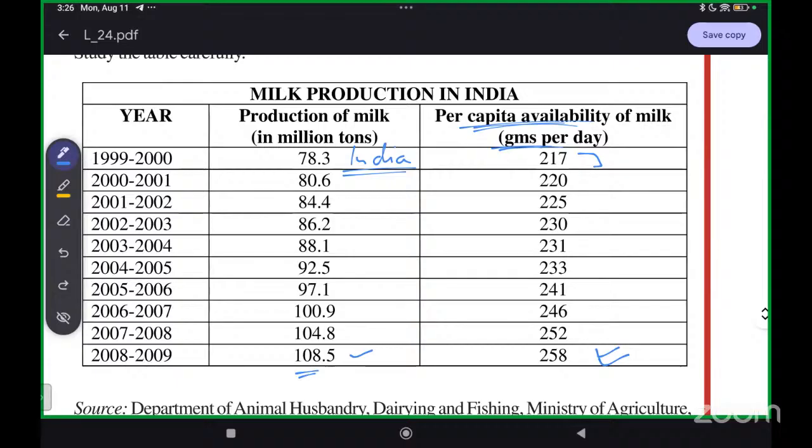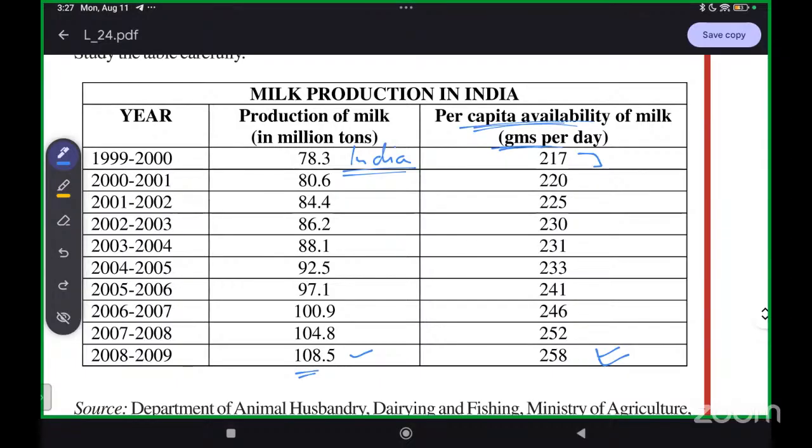You can check whether India is the country with the most number of cows. I'm not sure about the number, but I know that we have a lot of cows in our country. From there the milk is coming, and at present we have many established dairies in the country, from where we get our milk.